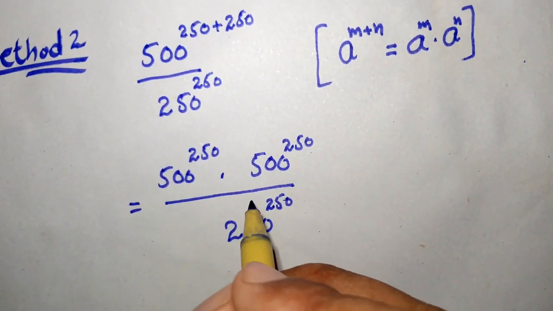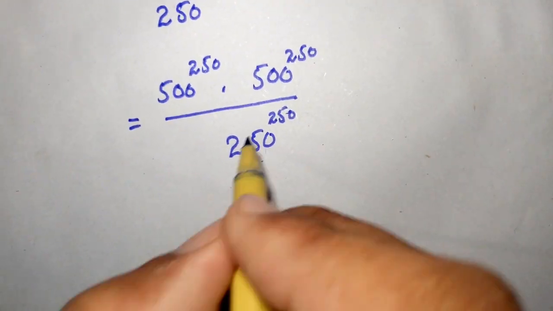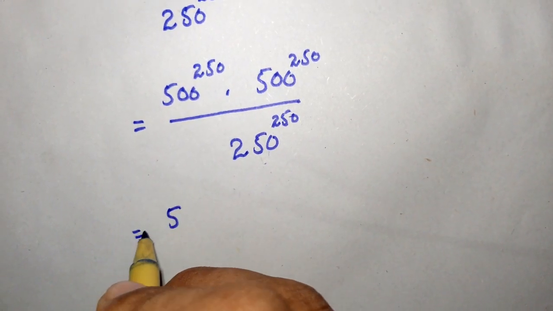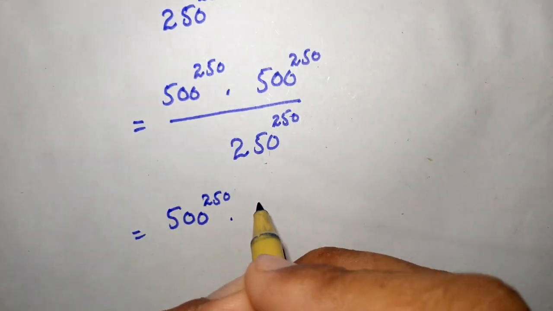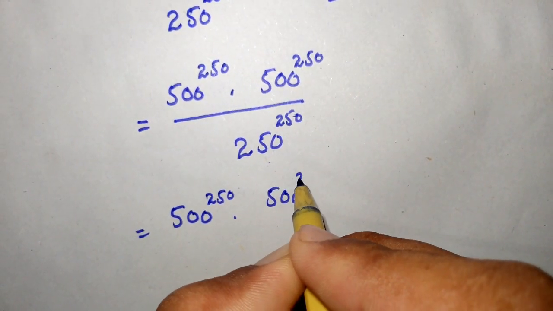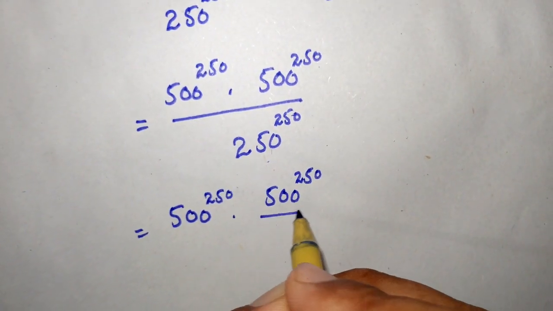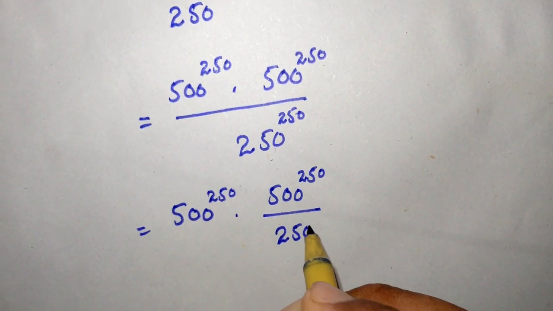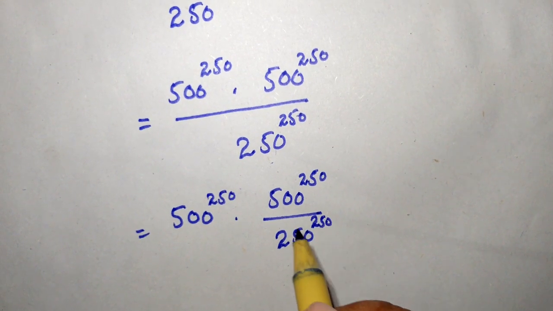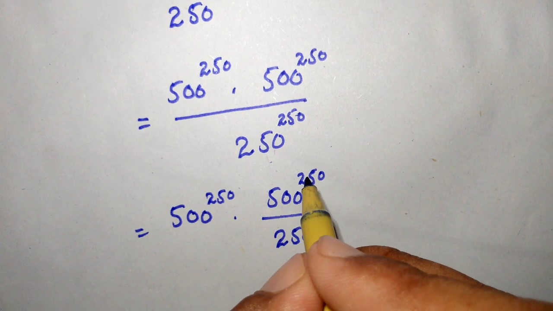Now this can also be written as 500 to the power of 250 times this 500 to the power of 250 divided by 250 to the power of 250. Look here, the powers are same, this power and this power.